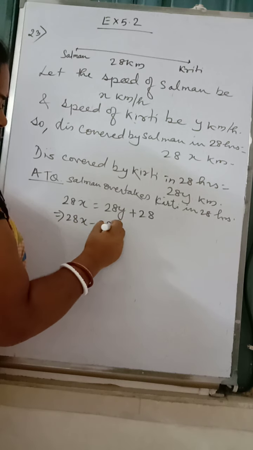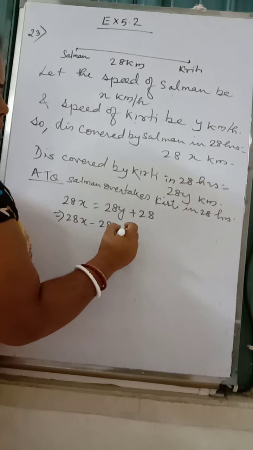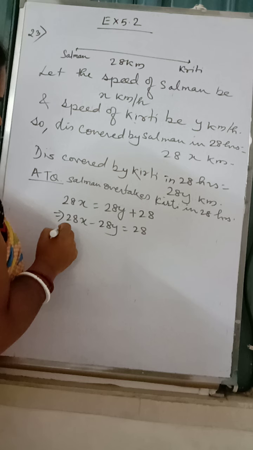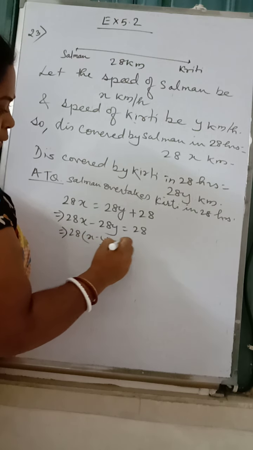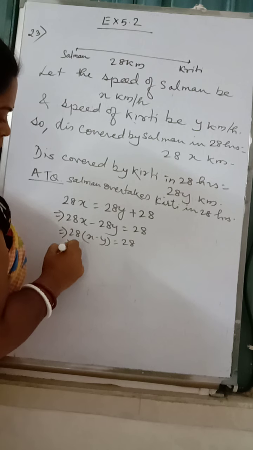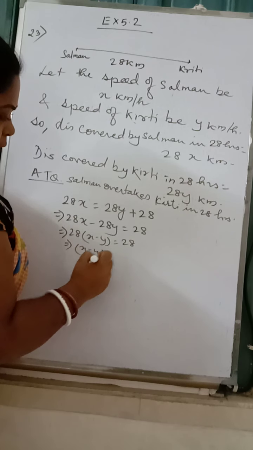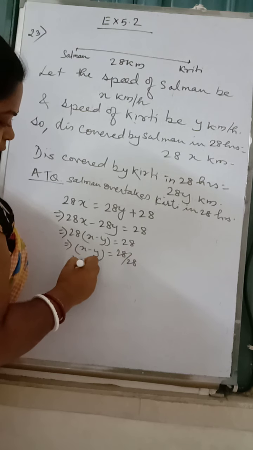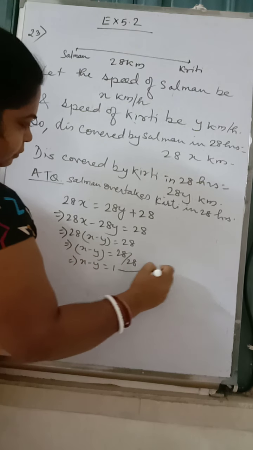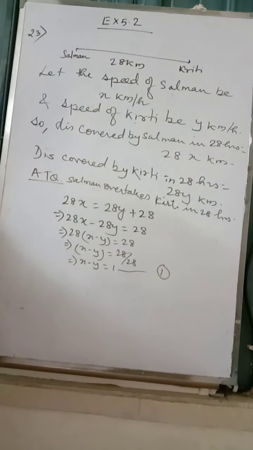So I am just adjusting it: 28x minus 28y is equal to 28, or 28 is common, x minus y is equal to 28 by 28, x minus y is equal to 1, situation number 1.